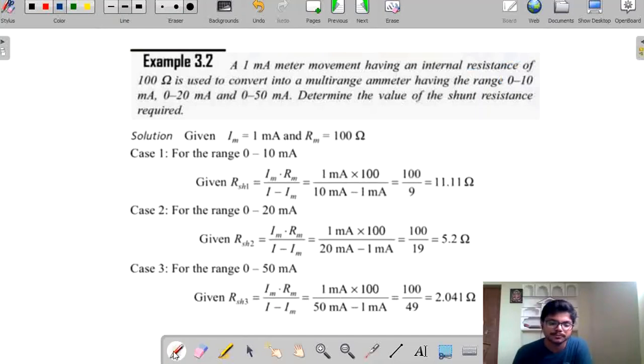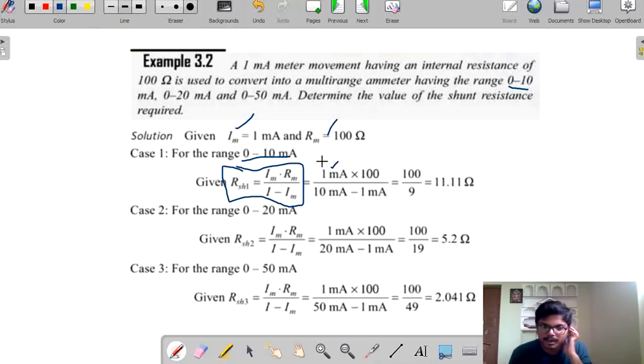Now see, IM equal to 1 milli, RM equal to 100. First they are asking 0 to 10 milliamperes. In the previous class I have given the formula of RSH, the shunt resistance: IM RM by I minus IM. Here what is IM? 1 milliampere.